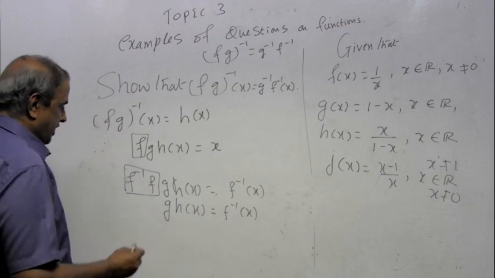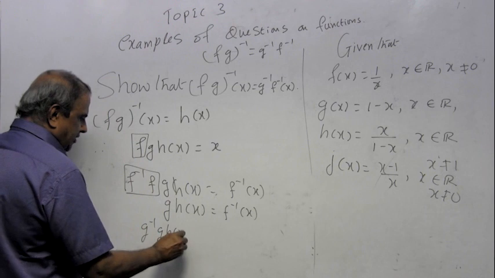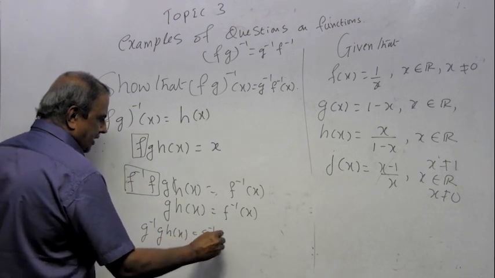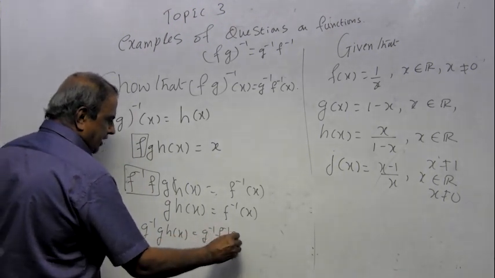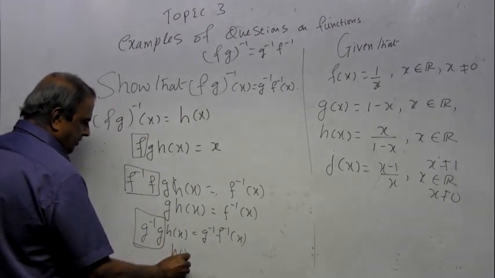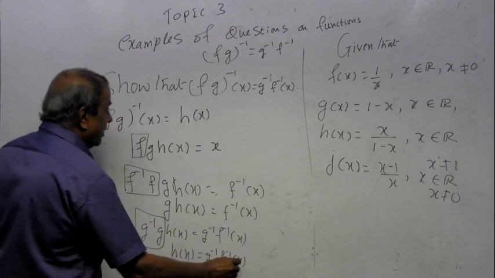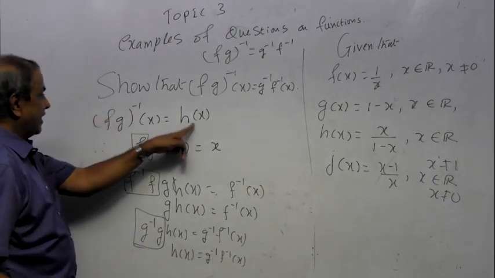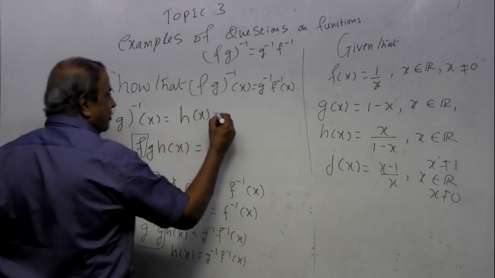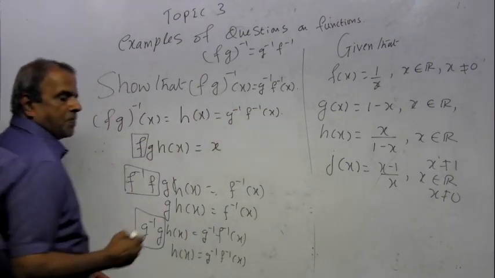Now I want to get rid of g. So I'll do g inverse gh of x equal to g inverse f inverse of x. These two cancel each other. So h of x equal to g inverse f inverse of x. And what did I call h of x as? fg inverse. So that's equal to g inverse f inverse of x.